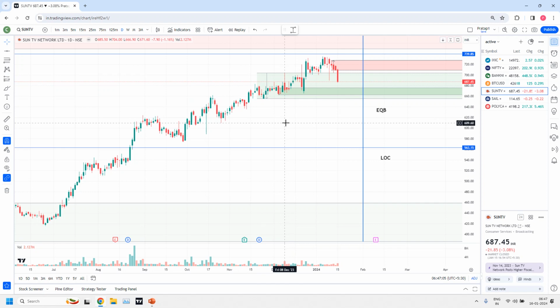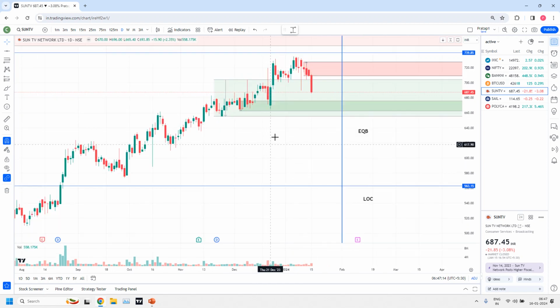Both zones should be on the same time frame. If it is a daily time frame, both zones should be daily time frame zones. But here, what is happening? One zone is a weekly zone and another zone is a daily zone. So time frames are changed.